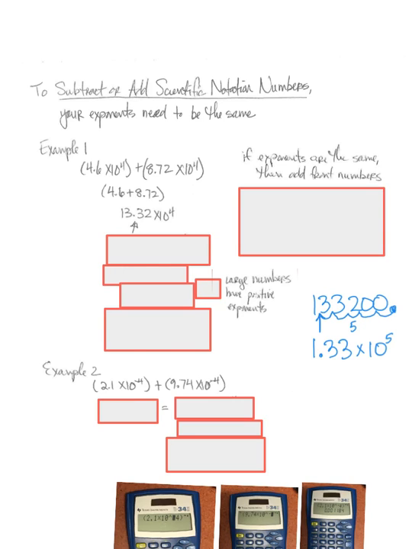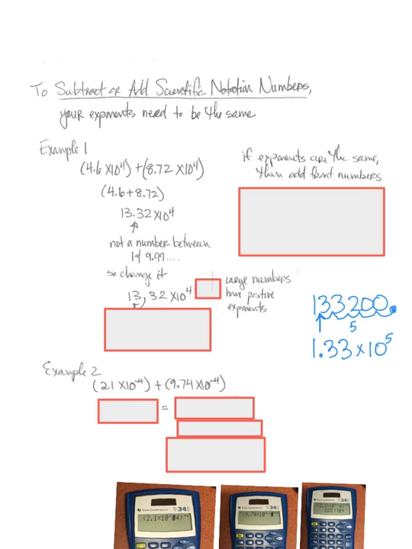But notice how the answer here was 1.33 times 10 to the fifth. So then we have to make it a good scientific notation number because 13 is not between 1 and 9.9999. And so what we want to do is change it, right? We're going to move our decimal place over once. As you can see, we're moving it over once.